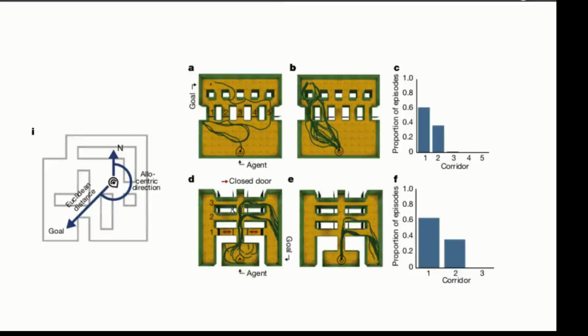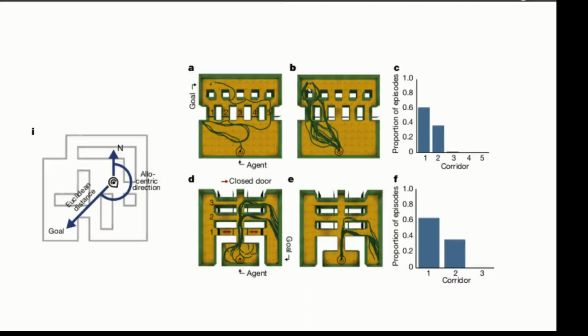And here there are some other mazes in which they show that during training, for instance in this 2AB environment, the agent was never given the possibility of going through these corridors. They were always closed. But at test time, when the doors were now open, it immediately finds the shortcut.